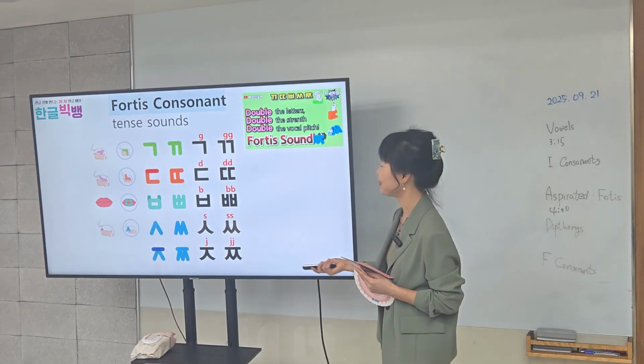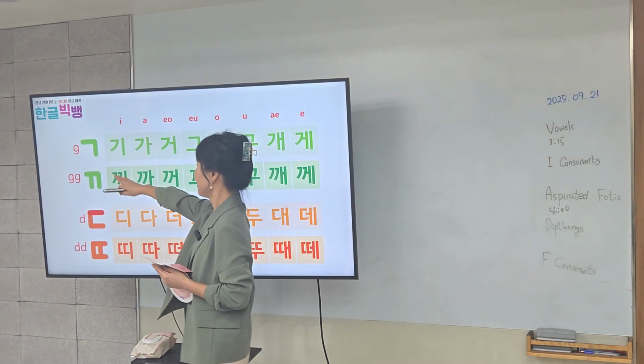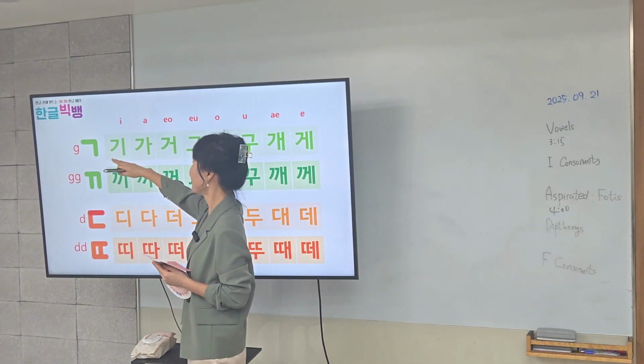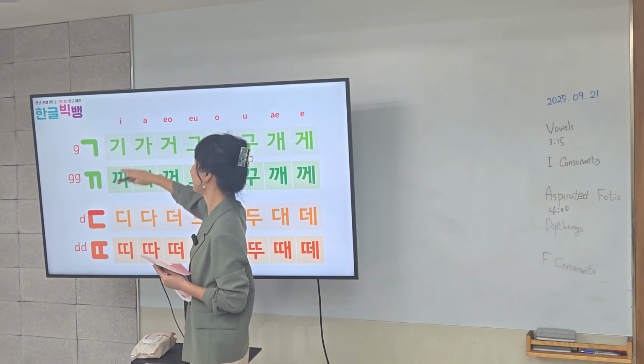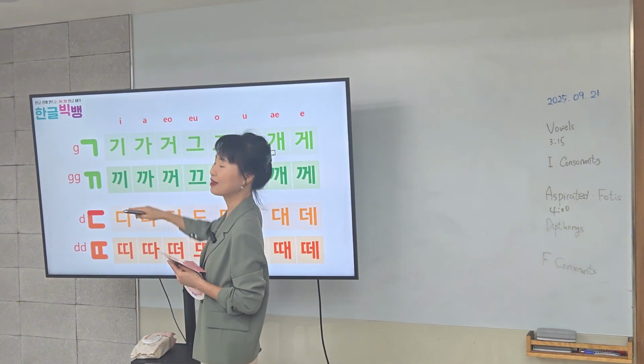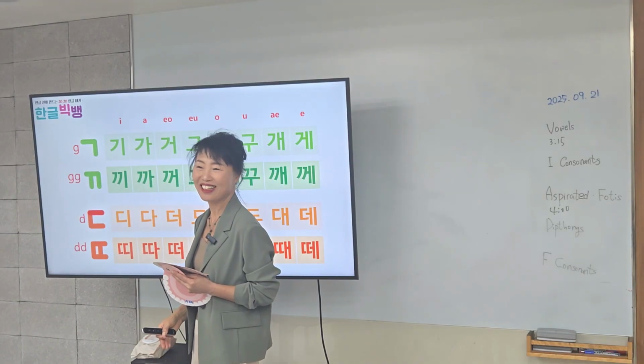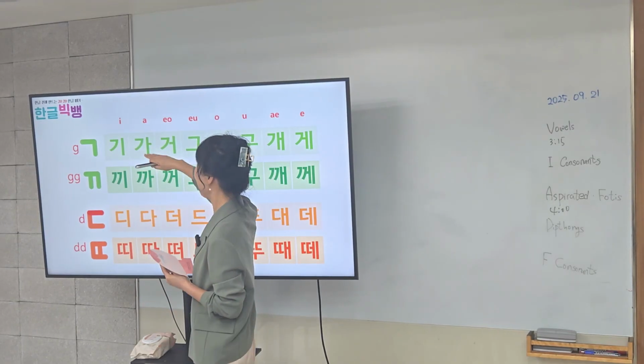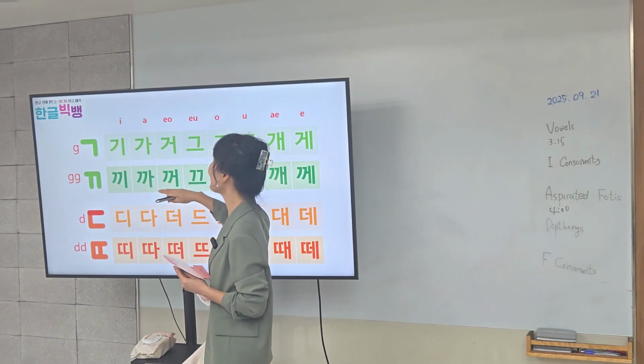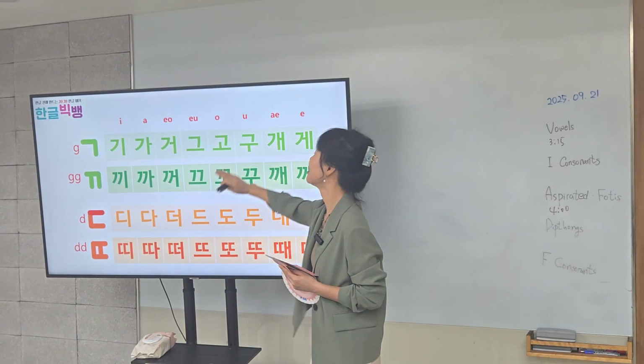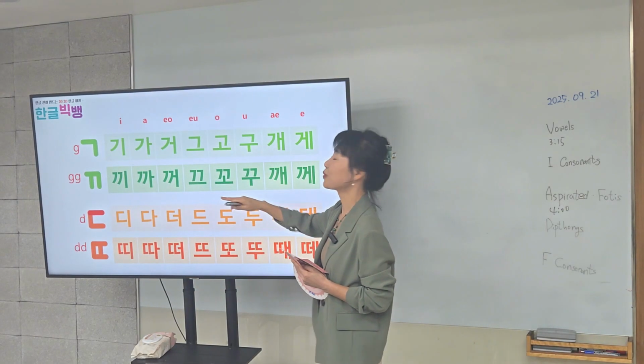Good job. So, 기, 가. No, who said ka? No, ka. And 거. Okay. 그, 고.